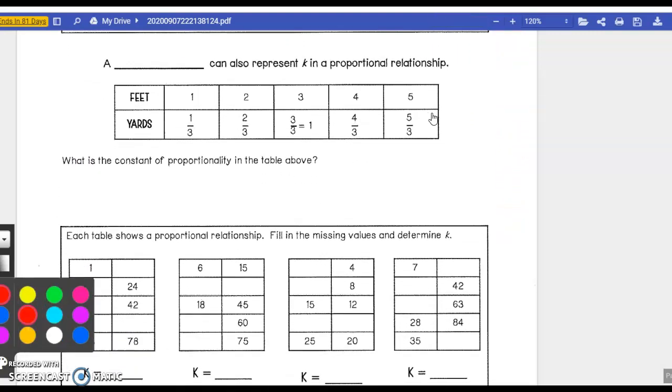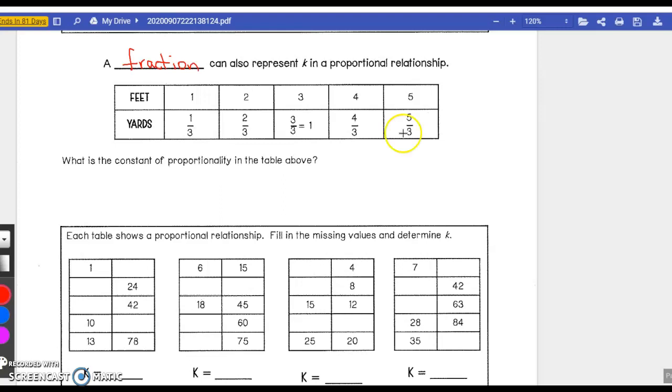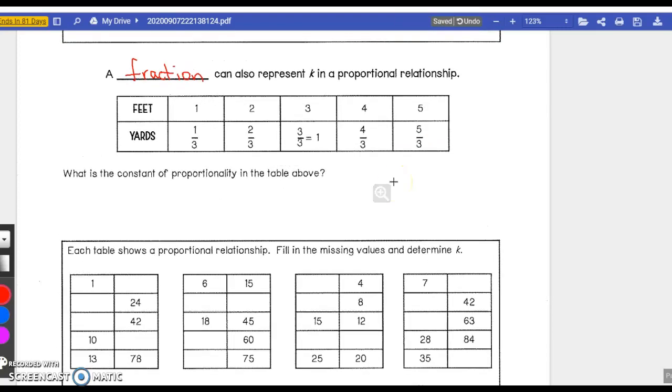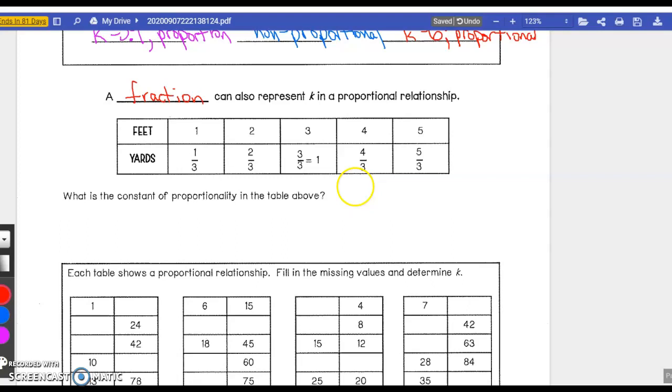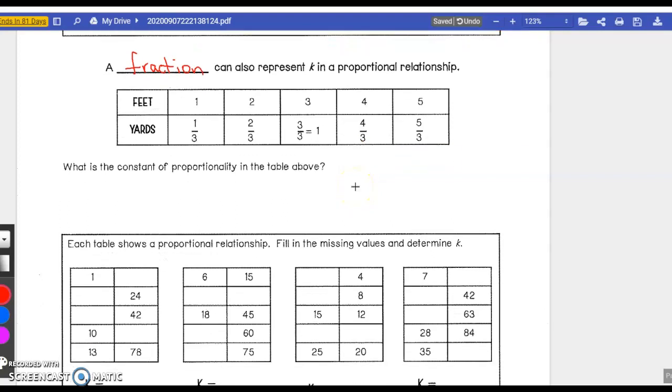I know this next one kind of trips people up because it says a fraction. A fraction can always represent k in a proportional relationship. Because we don't like to deal with fractions, we tend to think we have to change problems when they're a fraction.